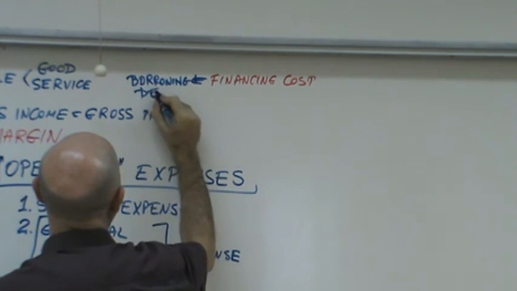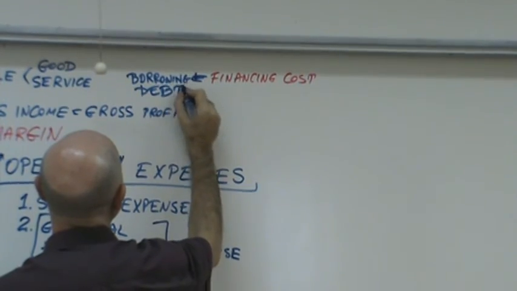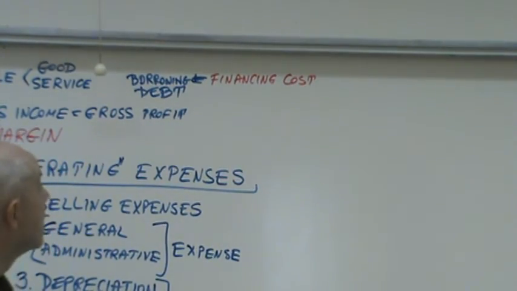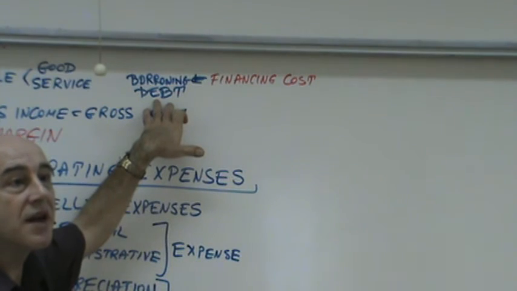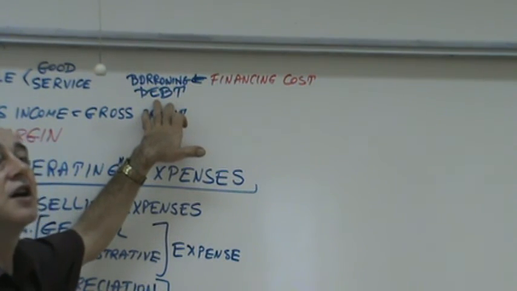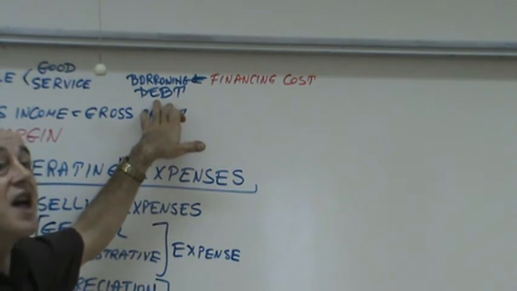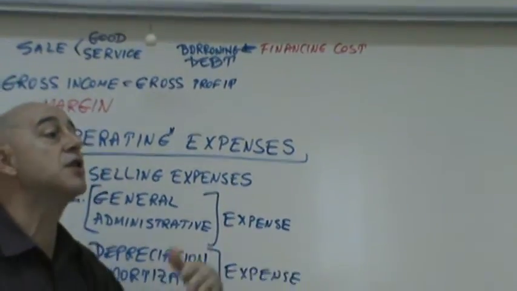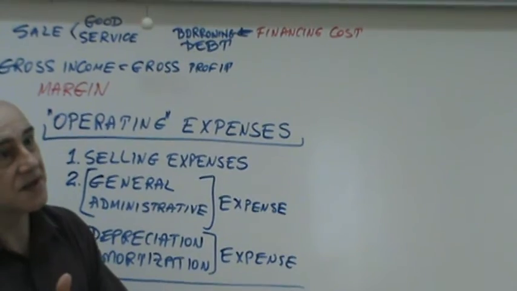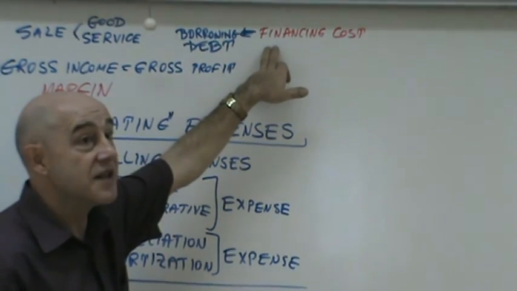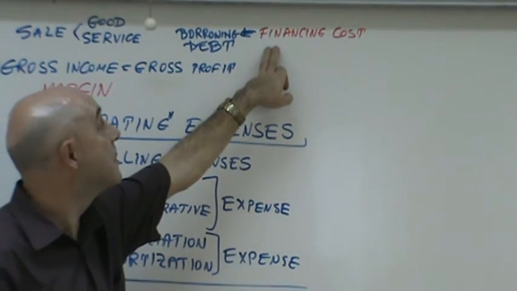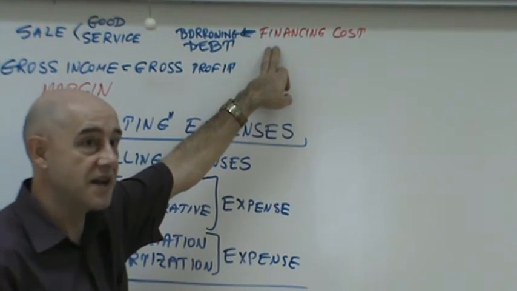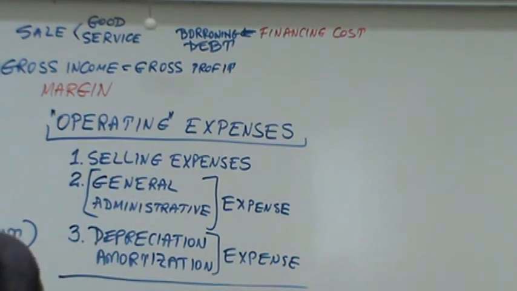Borrowing is in the form of debt. And the cost of borrowing and the cost of debt is called interest. The interest that you pay for the current period is called interest expense. So interest expense is the cost of financing, which is the same as financing cost. Let's see what else I got to complete for today.